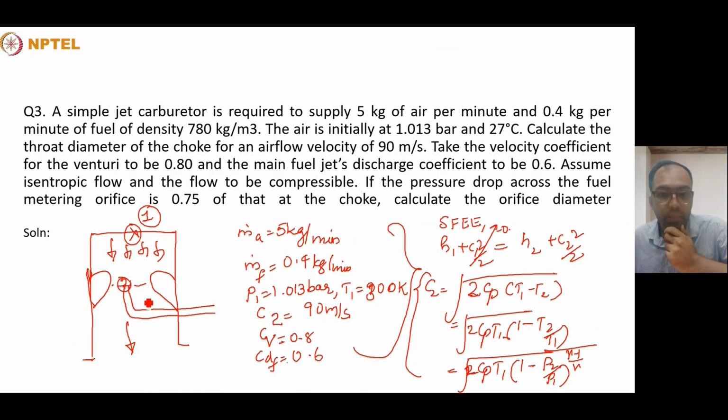So in this particular problem, the pressure drop across the fuel metering orifice is given to be 0.75 times that at the choke.